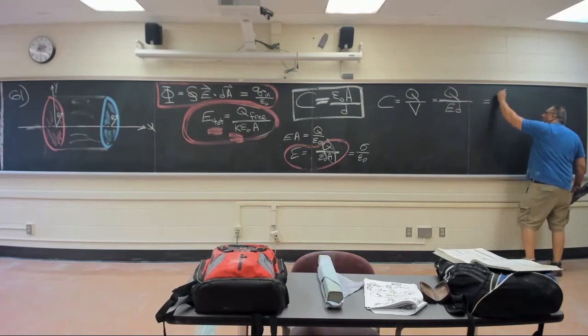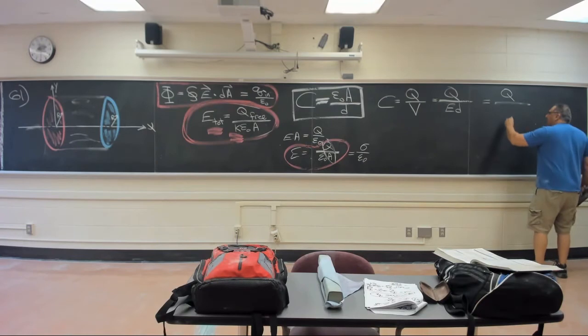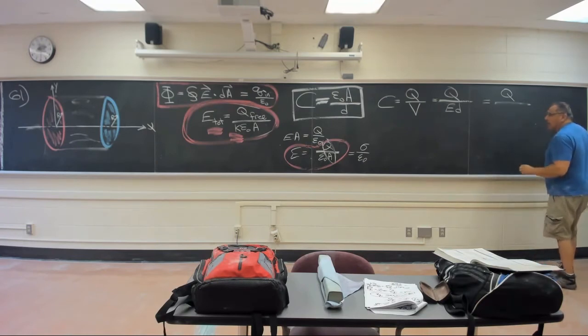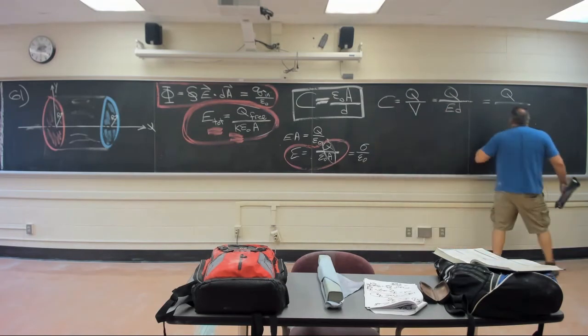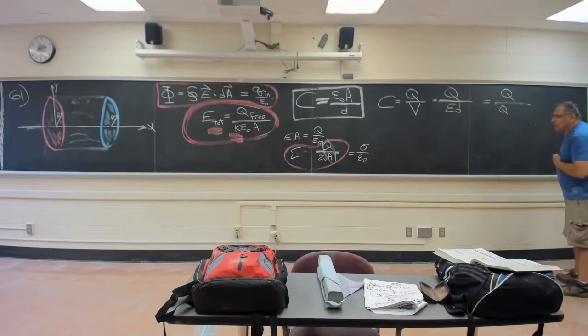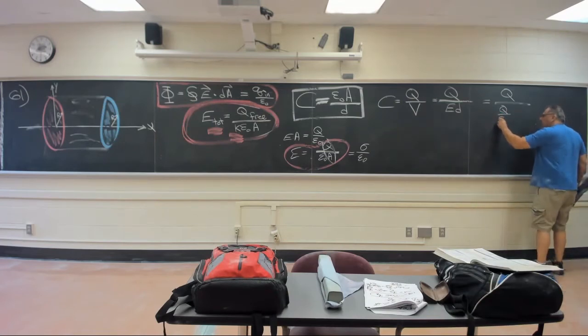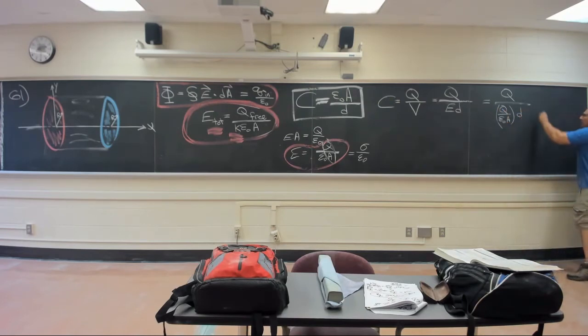Let's just say this. I got a Q here. I've got a Q, and we got the E. Okay, we said the E was all this, Q over epsilon naught A, times D. The Q's cancel.